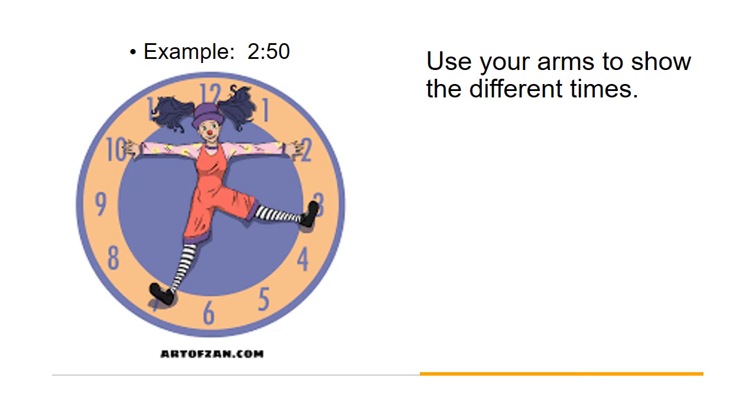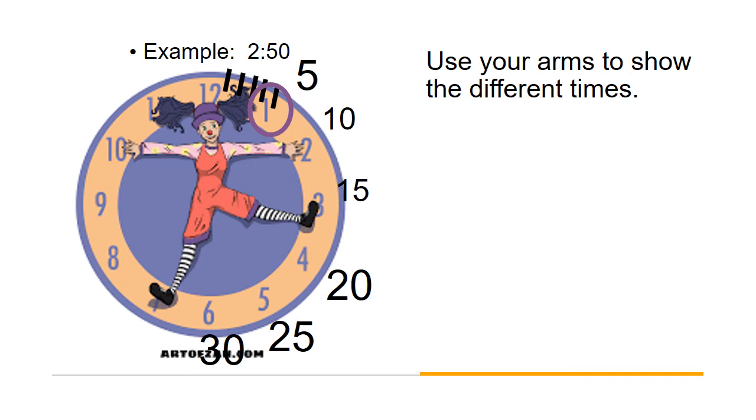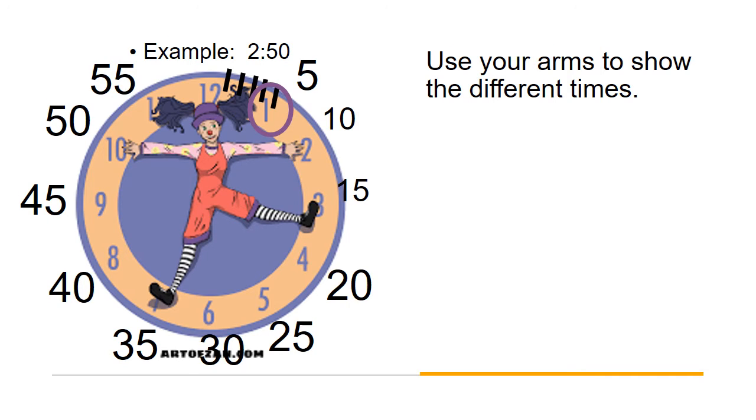On the clock, the big numbers are the hour, and there are little lines in between the big numbers that represent the minutes. Between each of the big numbers, there are 5 little lines which represent 5 minutes. So if we go around the clock, we could count by fives. 5, 10, 15, 20, 25, 30, 35, 40, 45, 50, 55, and then the 12, you would start all over again.